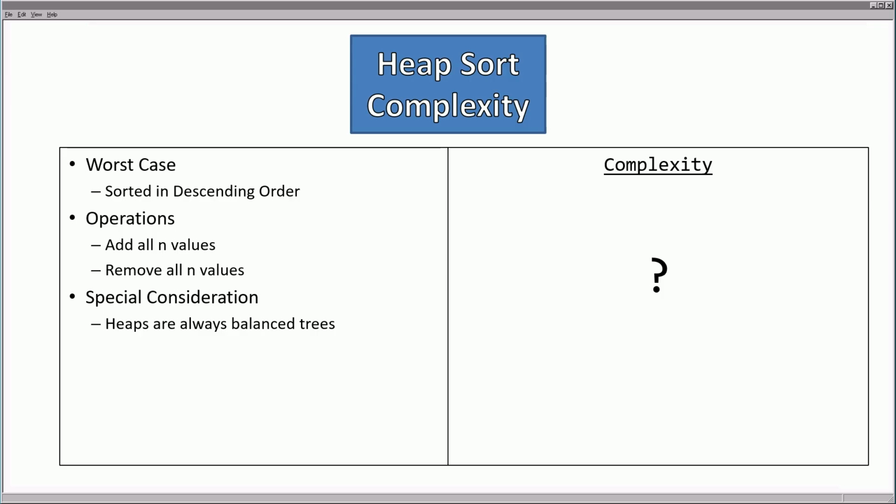This is unlike a binary search tree, which could be unbalanced. So, as we know, a balanced tree, from the root to any of the leaf values, is log n. This means we have to add n elements, which will take log n cases, then remove all n elements, which will take log n complexity, or for short, heap sort is n log n complexity.